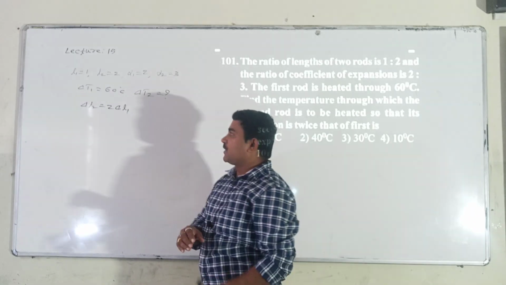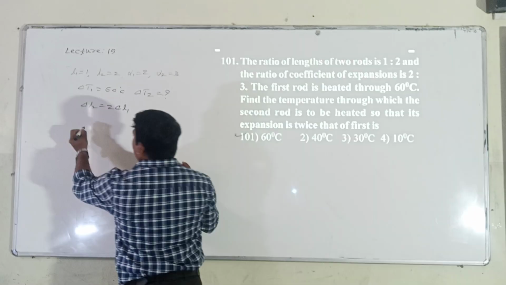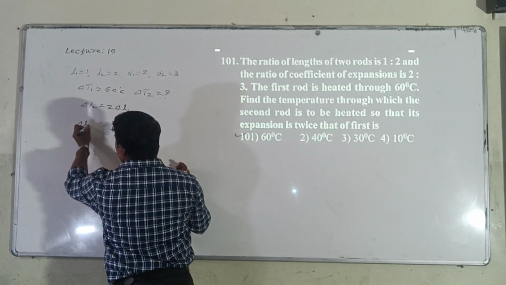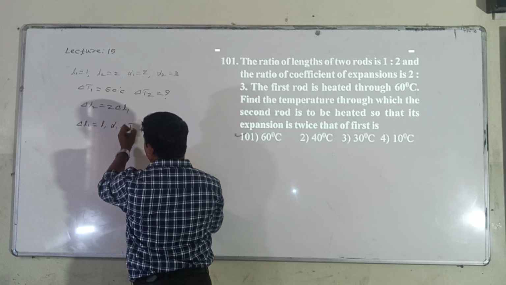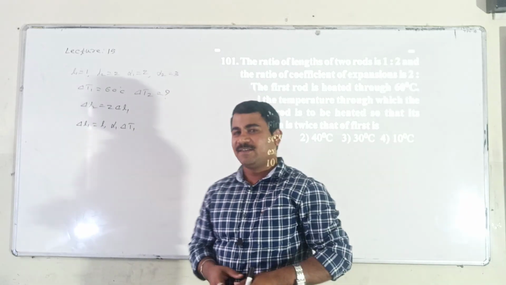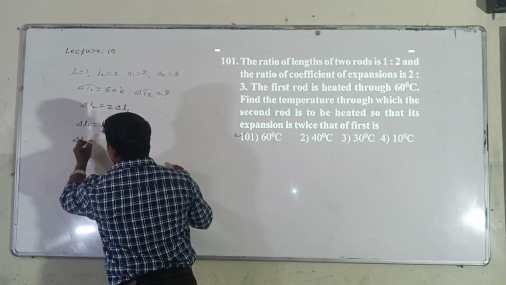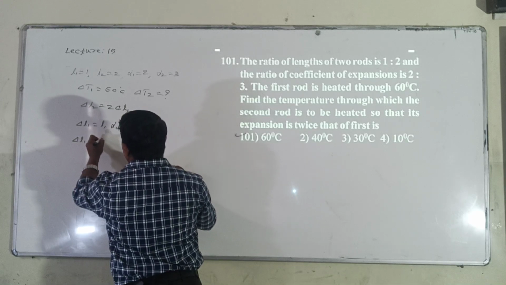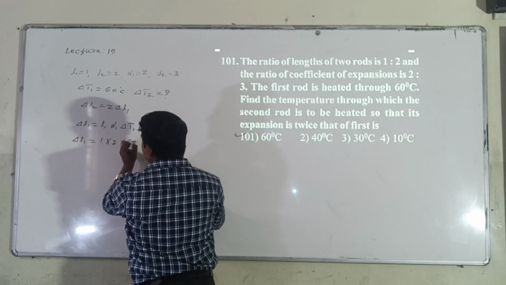From this you can calculate directly. First, del L1 is L1 alpha 1 into delta T1. L1 is 1, alpha 1 is 2, delta T is 60.